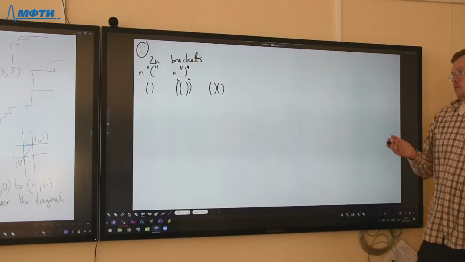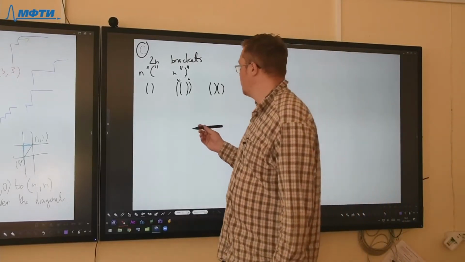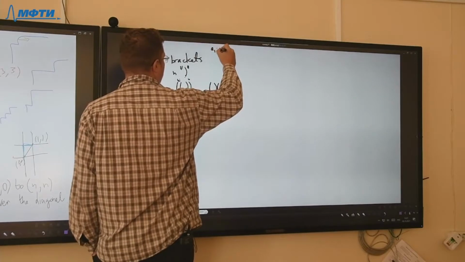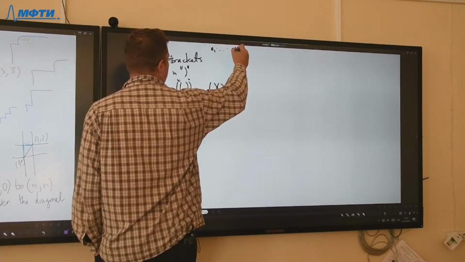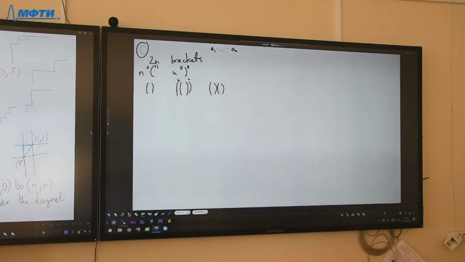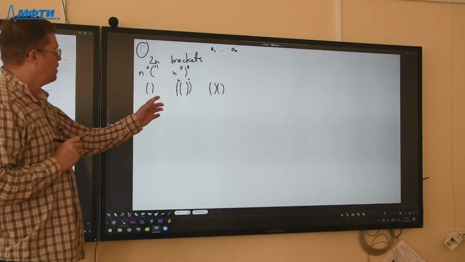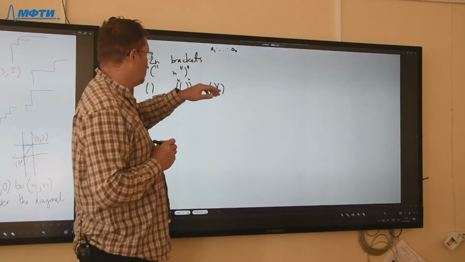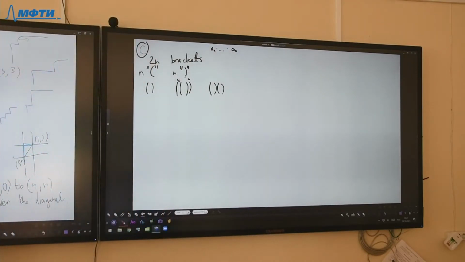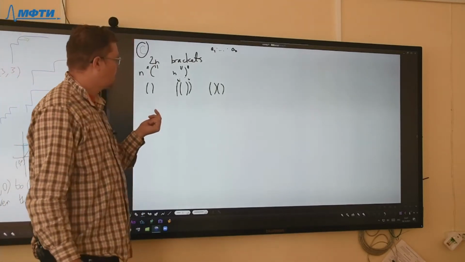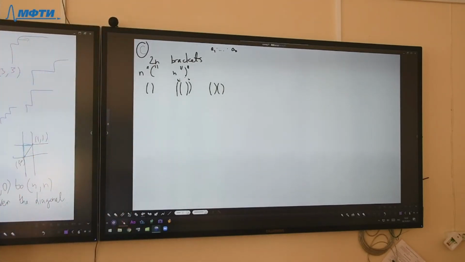You can imagine that I write the product of n different numbers, and I want to calculate how many different ways of pairwise products I can take to compute the whole product.